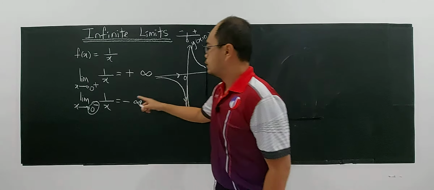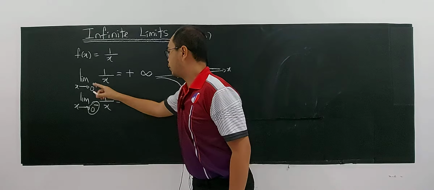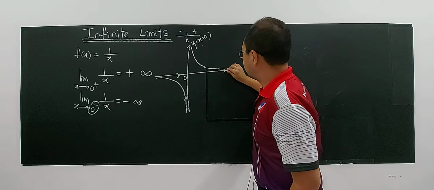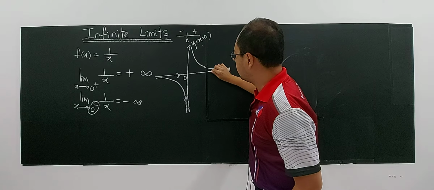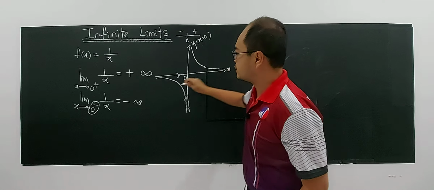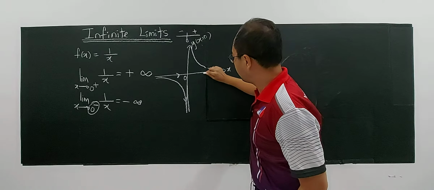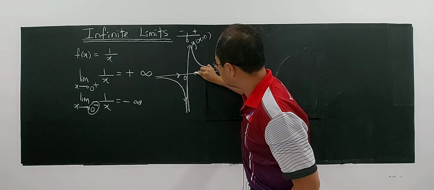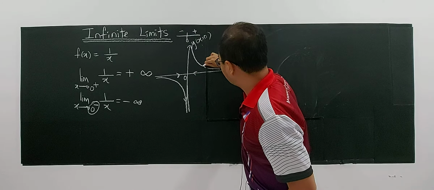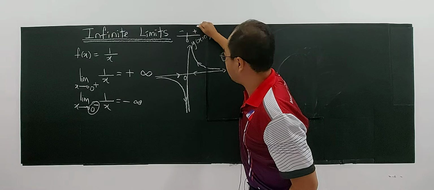When you look at 0 plus, from the right, near to 0, the graph will be going higher and higher, positive infinity.